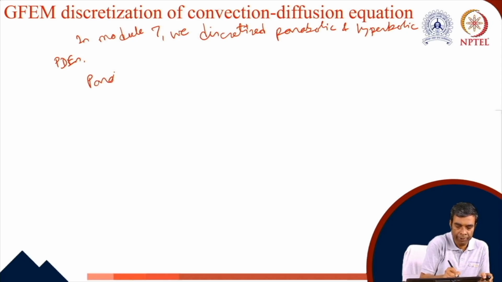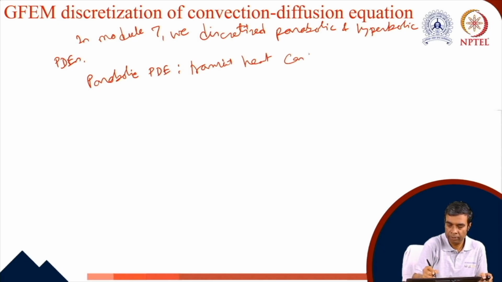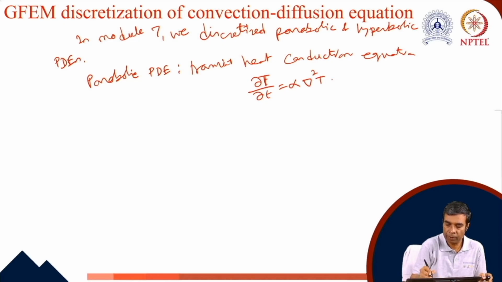For parabolic PDEs, we considered the transient heat conduction equation, del T equals to alpha del square T plus S tilde.